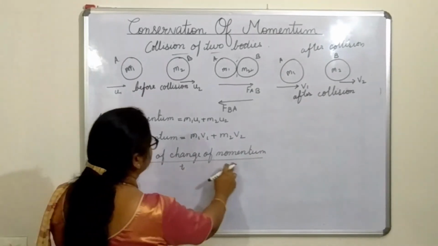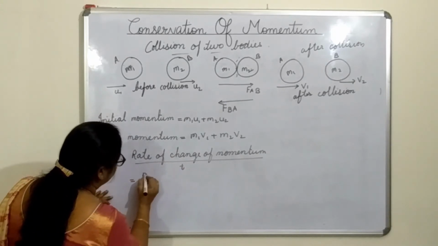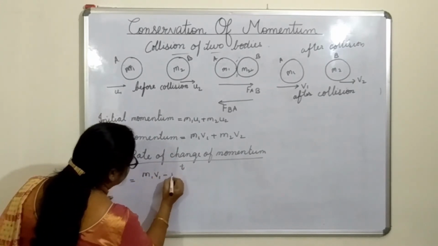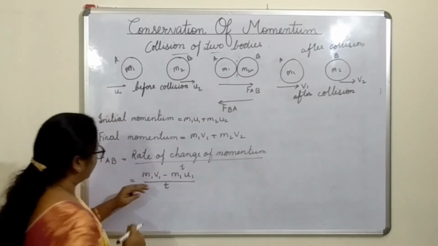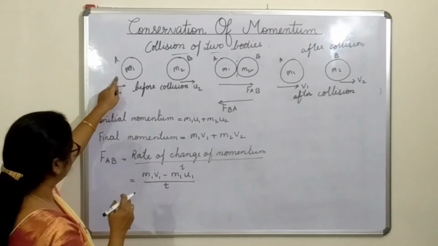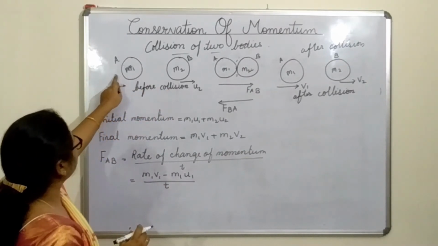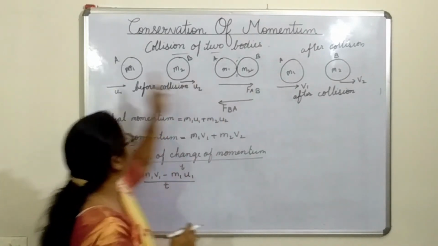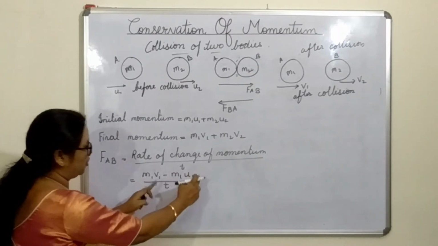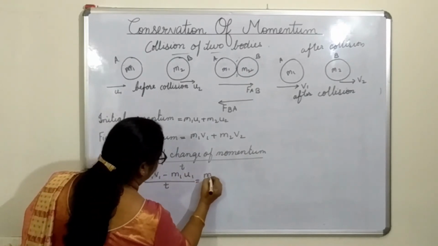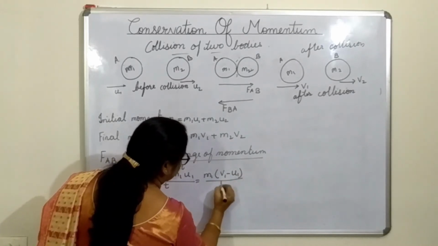Rate of change of momentum will be m1 v1 minus m1 u1 divided by time t. For A, FAB will be final momentum minus initial momentum divided by t, because this is rate of change of momentum. So this will be equal to m1 in bracket v1 minus u1 divided by t.